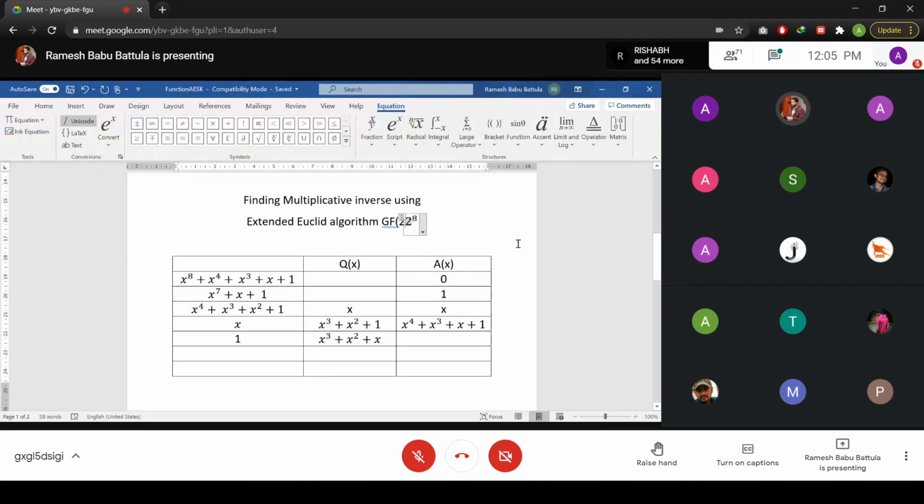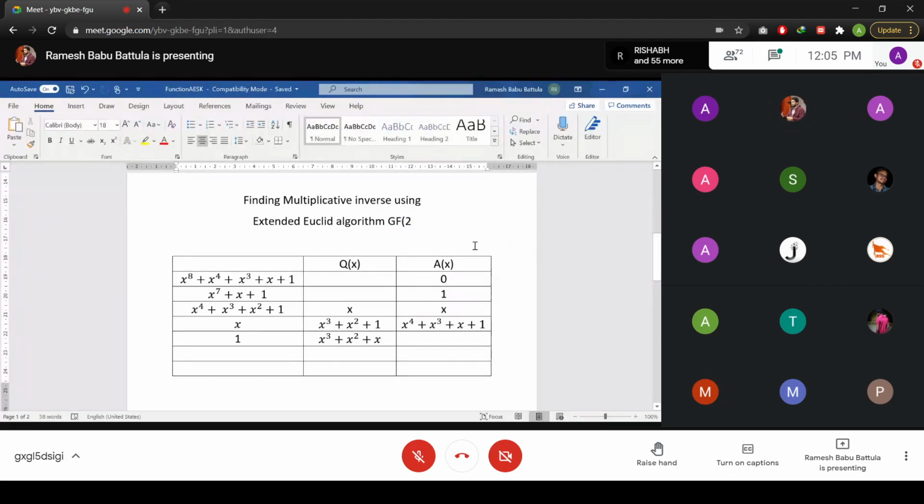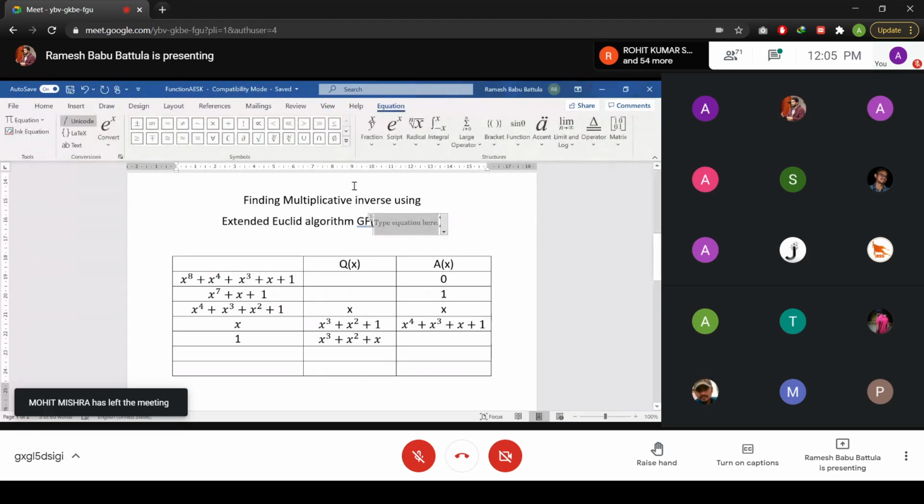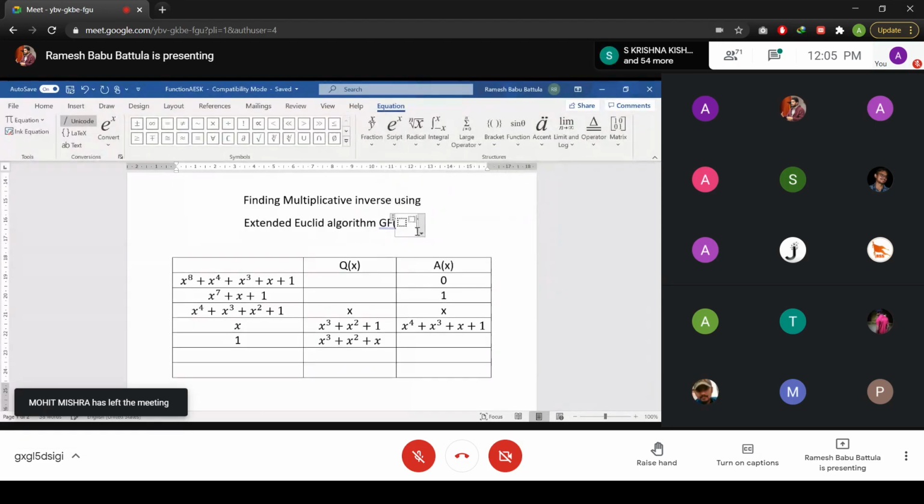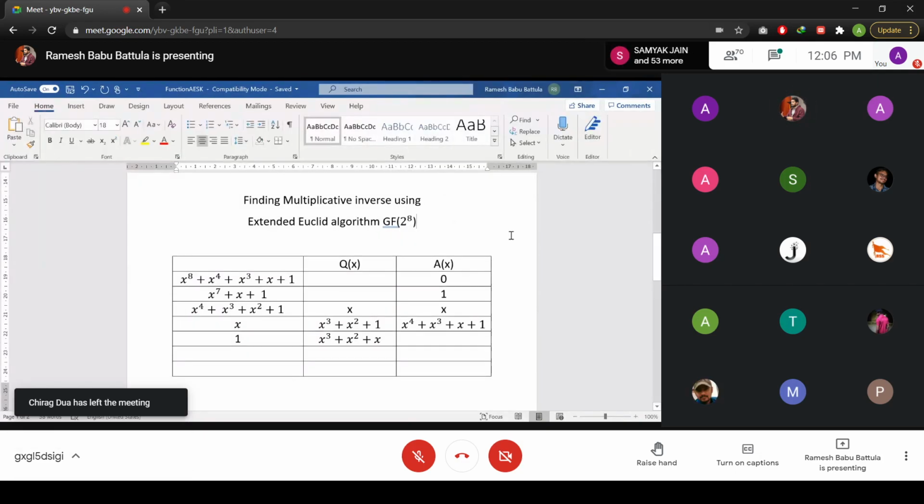To the power 8. So we are finding the multiplicative inverse value for these two numbers, right?